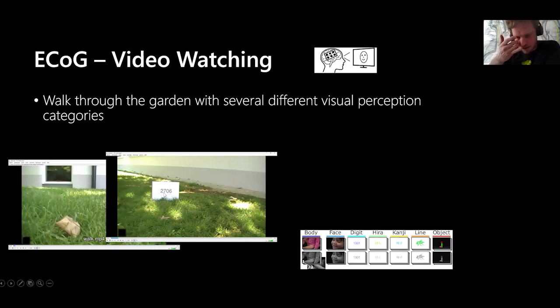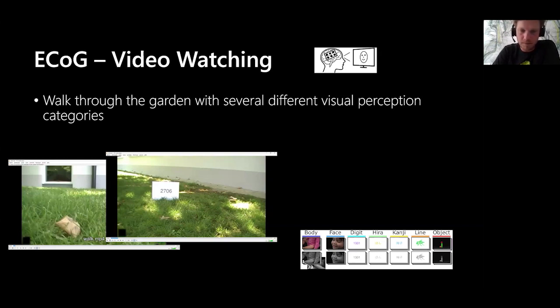The background here is that with the right electrode locations capturing brain signals, you're able to discriminate the high-level type of stimulus shown to the patient.